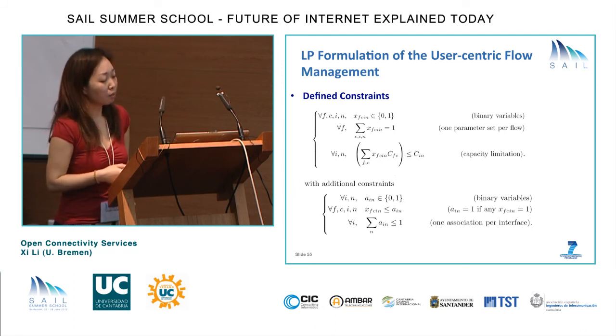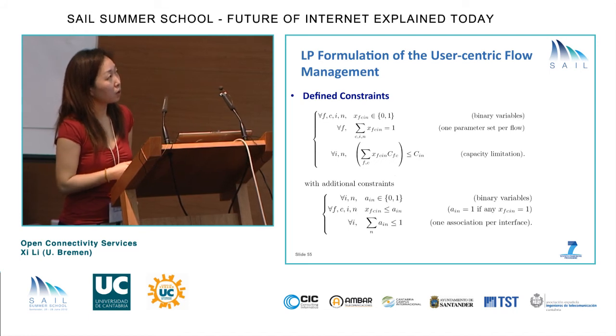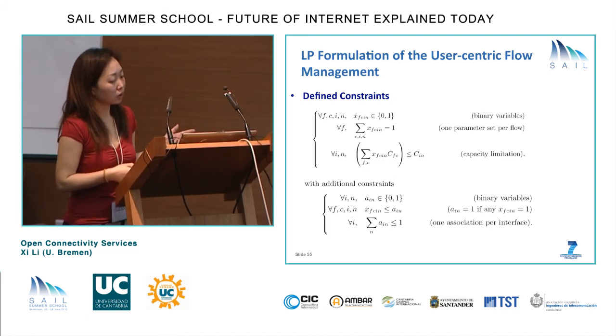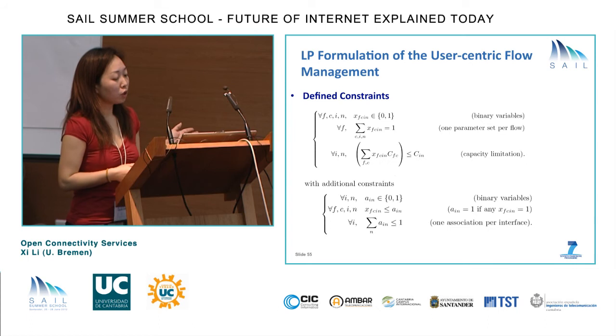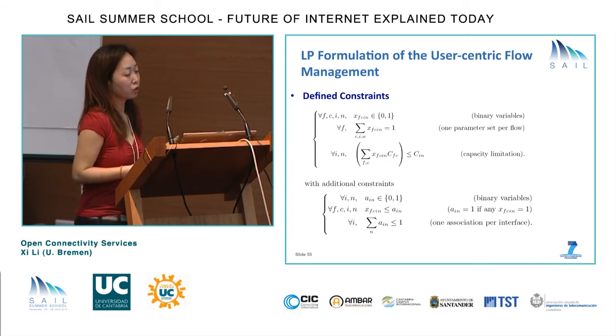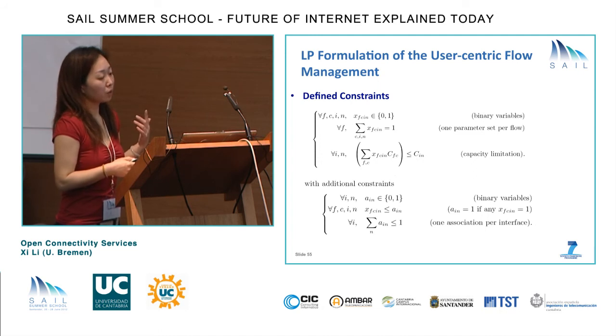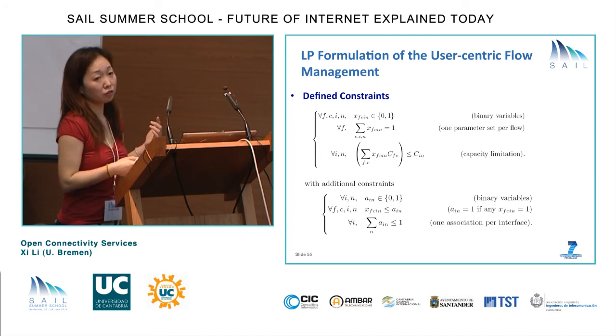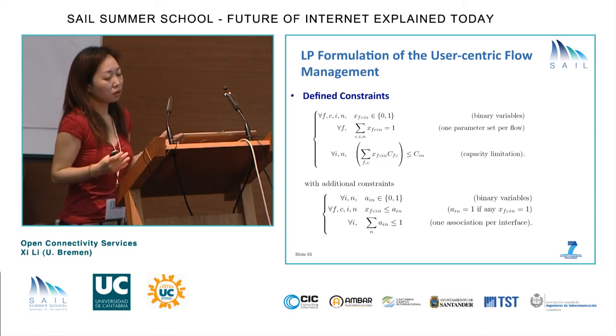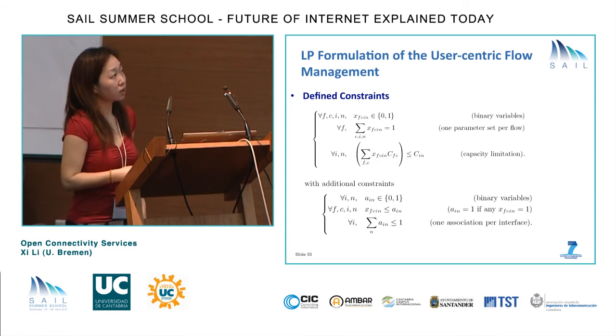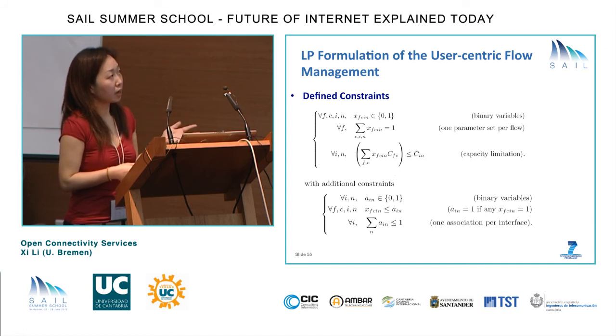The constraints are mainly to give the limitation that one flow is only associated to one network with one interface and with one configuration parameter. And then the second constraint is to limit the sum of all the flows with different capacity. They should not exceed the capacity of the link.